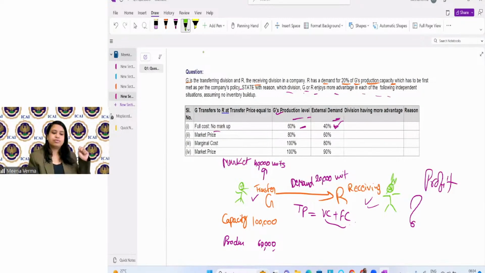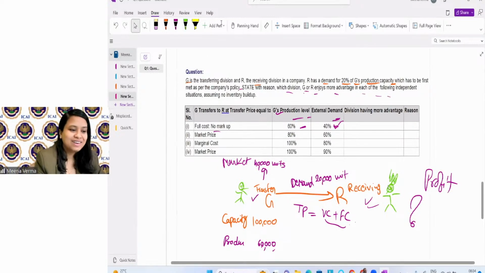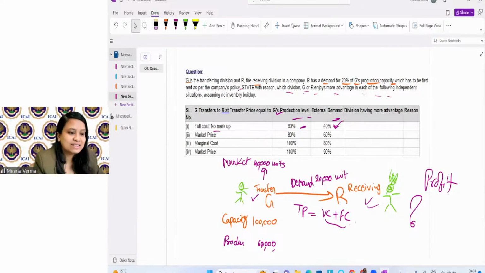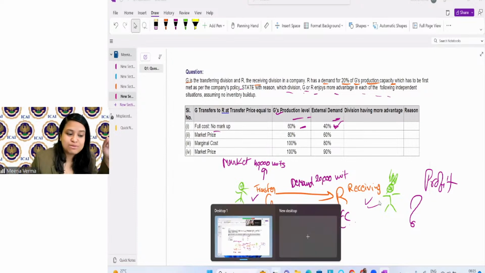Tell me, who will be very happy with this? Department G. Very nice. Exactly, Department G. Why? Because, see, minimum expectation here.